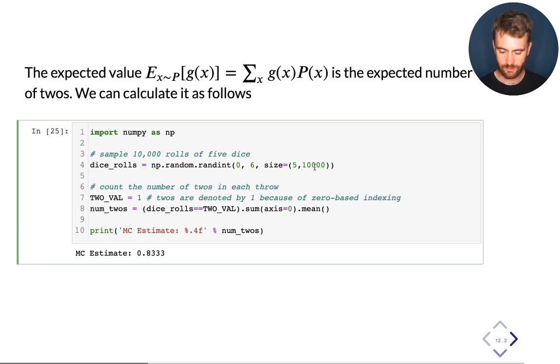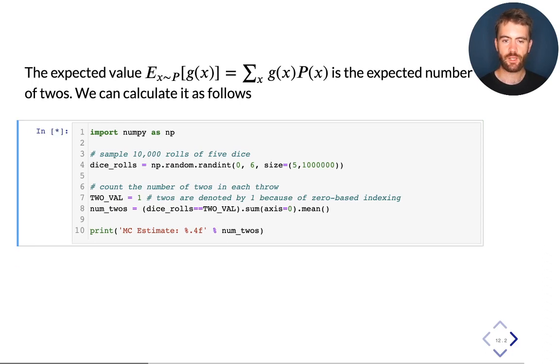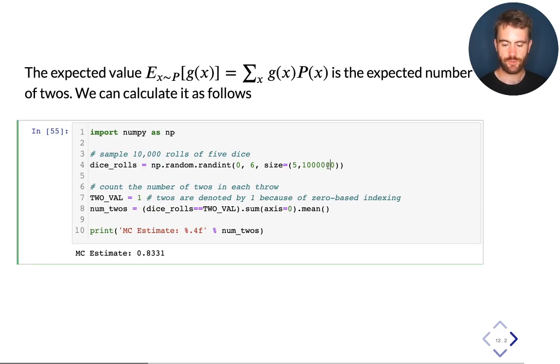If I want to make it a little bit more precise, I can increase the number of samples, and now it's much closer to 83%. I could even draw more samples, and you can see that now it's really close to 83. Essentially, as I'm drawing more samples, I'm getting something which looks increasingly closer to the value that I want.